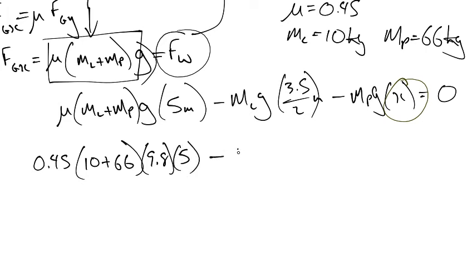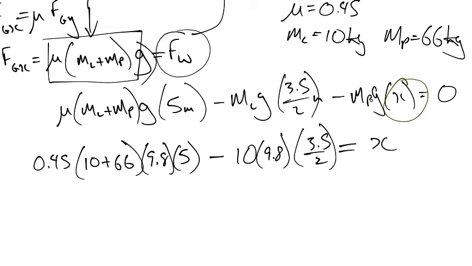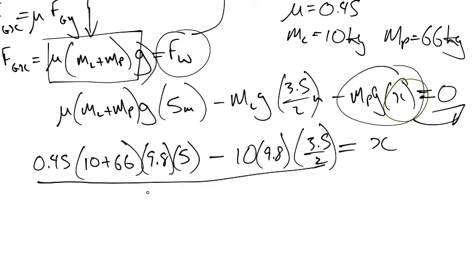Minus 10 times 9.8 times 3.5 over 2. This is now going to equal x, but if we take this term over to the other side of the equal sign, it's going to become positive, but we still have to divide by mpg. So we're going to divide this whole thing by mp, which is 66 times g.